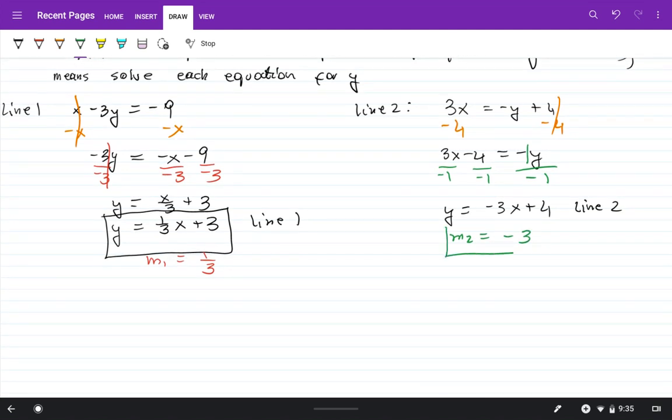So now look at what happened when we compare slope 1 and slope 2. We see one slope is positive, one is negative. So that's opposites. And they are reciprocals of each other, because the reciprocal of 1 over 3 is 3, or the reciprocal of 3 is 1 over 3.